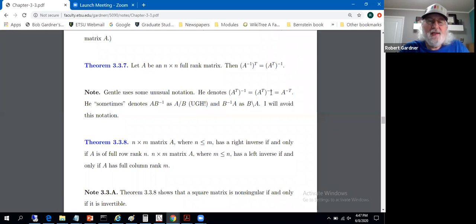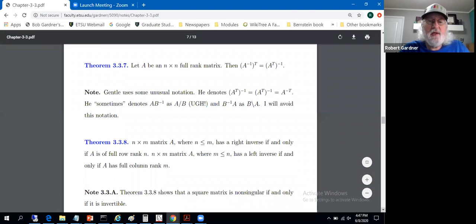The -1 indicates an inverse. The T indicates something really different. I haven't seen it anywhere else either. To make things worse, sometimes Gentle will even denote AB inverse as A divided by B, and B inverse A as B, I don't know, back divided into A, I guess. I've never seen those symbols used that way. I don't like that at all. I won't do any of that stuff. But you see it in the book, beware. That's how it's being used.